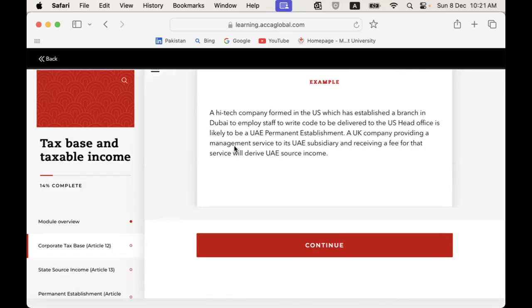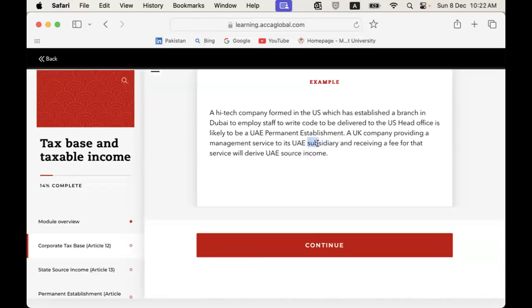A UK company providing management services to its UAE subsidiary and receiving a fee for that service will derive UAE sourced income. Why is it UAE sourced income? Because the subsidiary is a separate taxpayer.